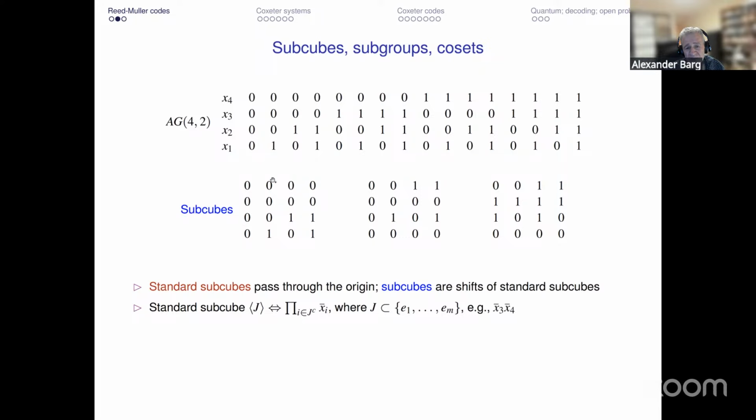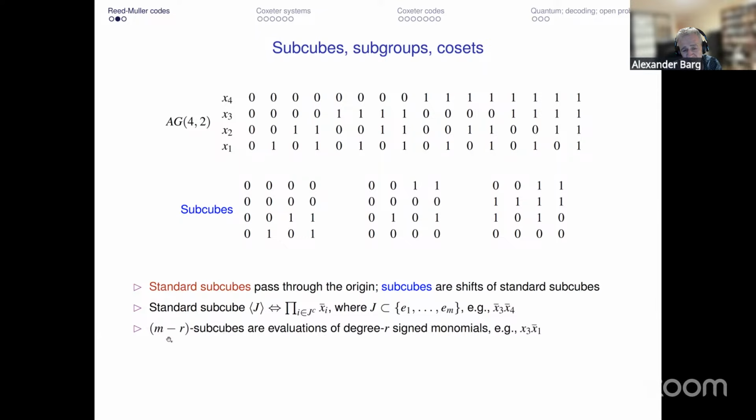So for example, this subcube is of course nothing but the evaluation vector of the monomial x3 bar x4 bar, because they intersect, their values are 1, both values exactly on this set of 4 coordinates, right? So 1 plus x3, 1 plus x4. So monomials and standard subcubes. Generally, subcubes, not necessarily standard, are evaluations.